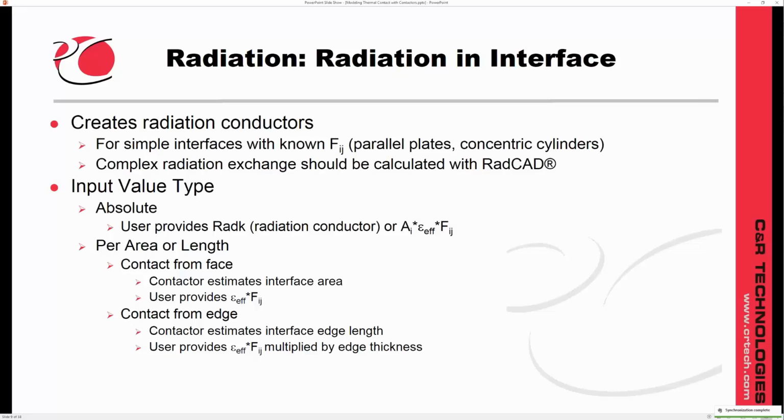Then based on your input value type, if you choose absolute, you're providing the radiation conductor, or RadK as we call it. And this is the area of the from surface times the effective emissivity times the view factor from the from surface to the to surface, so I to J. If you have a per area or length, if it's contact from a face, you provide the effective emissivity times the view factor, and the contactor calculates the interface area.